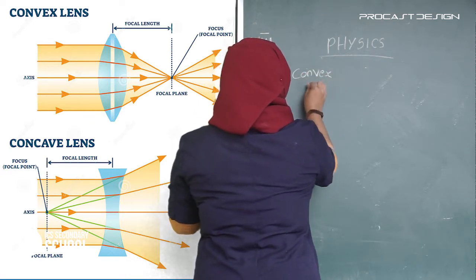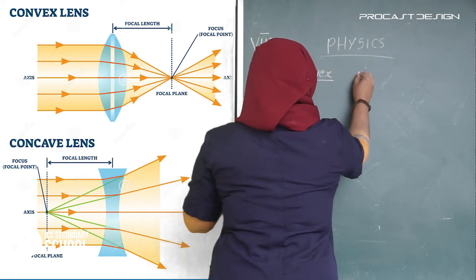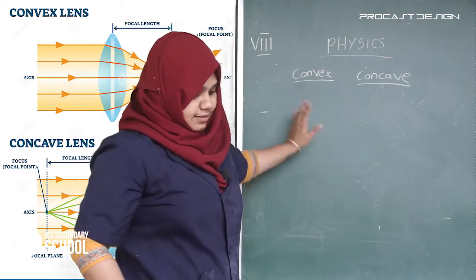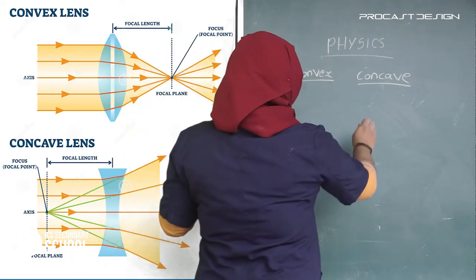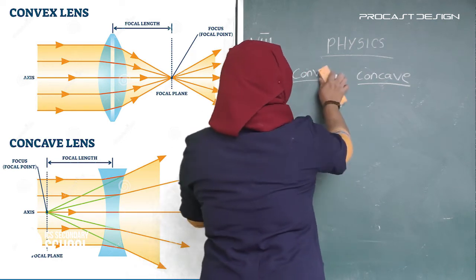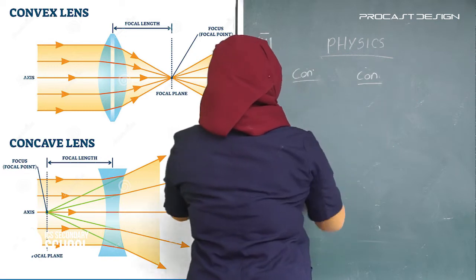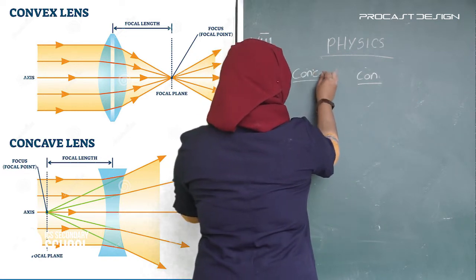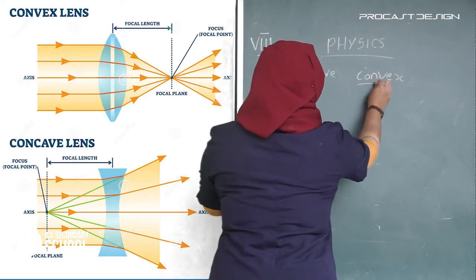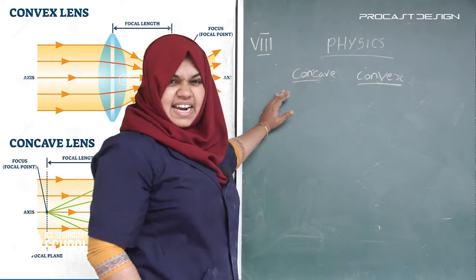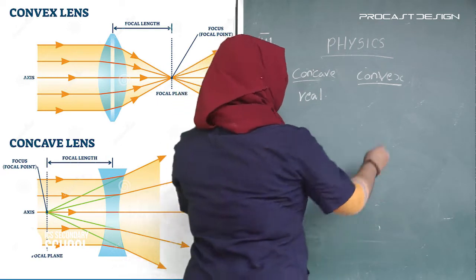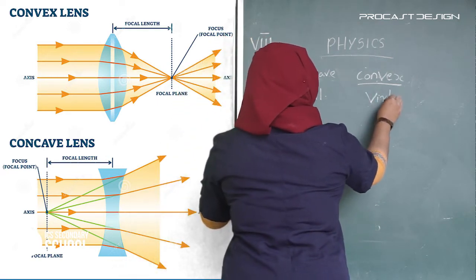Principal focus: in a concave mirror we get a real image, and the principal focus is real. In a convex mirror, the principal focus is virtual.